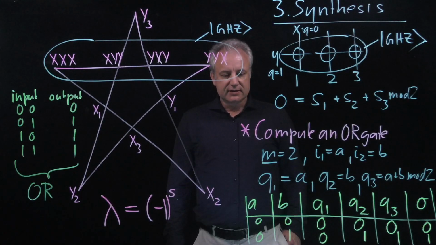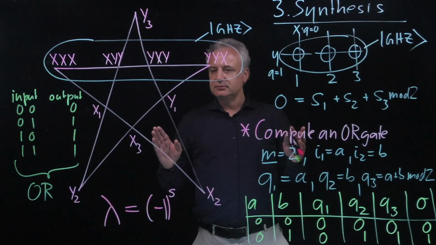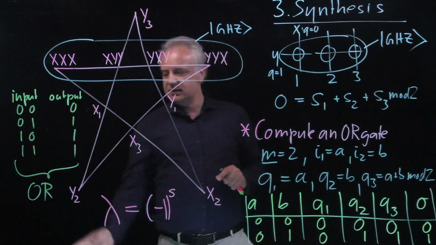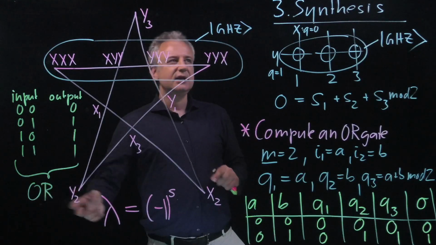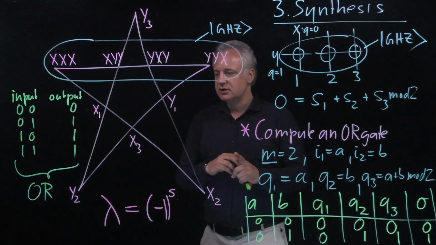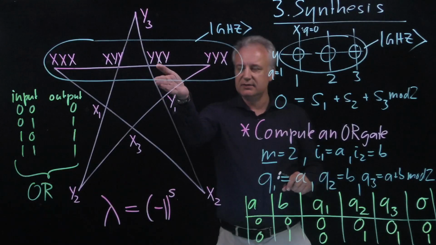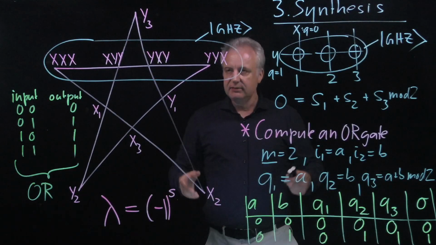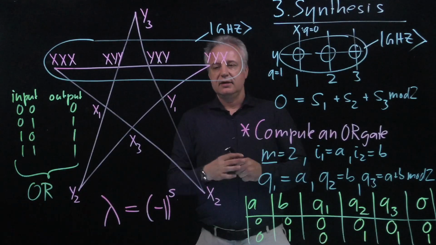So that's the bottom line from this example. Contextuality is related to the nonlinearity of the Boolean function computed. And we will see in the last part of this lecture that this is not just the case in this specific example, but in generality. But again, maybe let's stick with this result for a second.